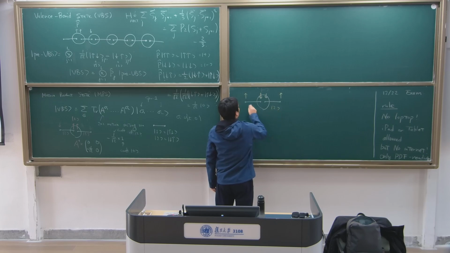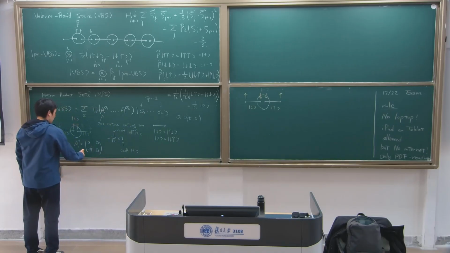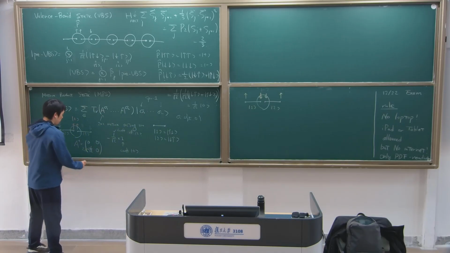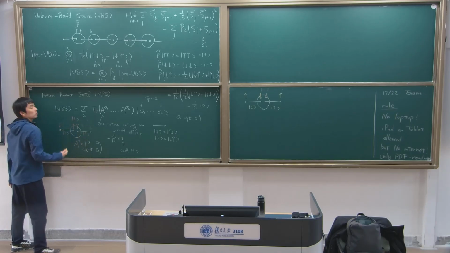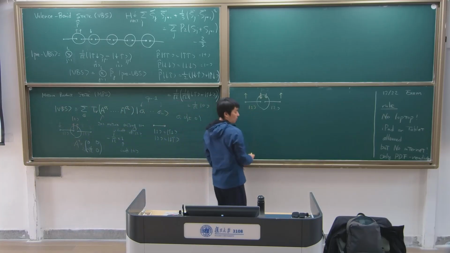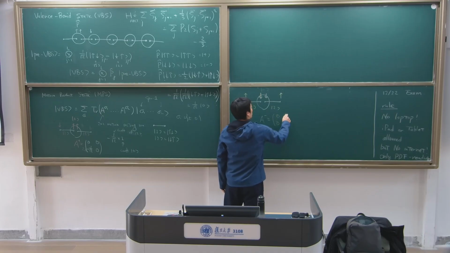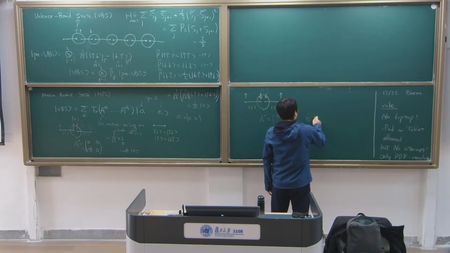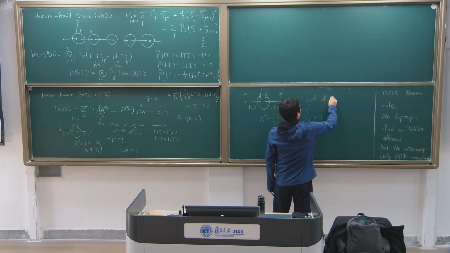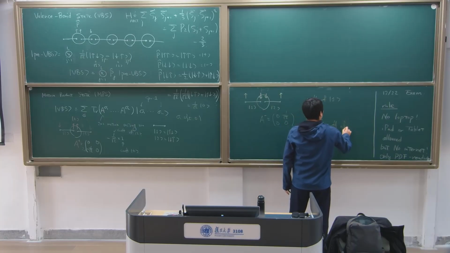This is two state to one state, so only the two-one entry is non-zero here, because one becomes two, and now two becomes one. Therefore, for A minus, the only non-trivial component is here, which is 1 over square root 2 times 1. This is the coefficient of this one state, and this is the coefficient of minus.